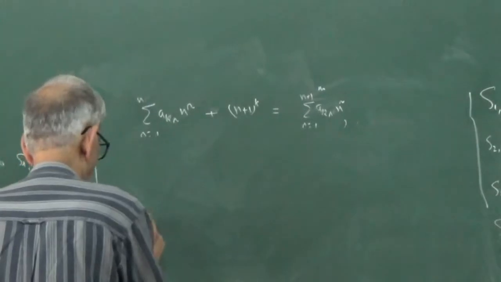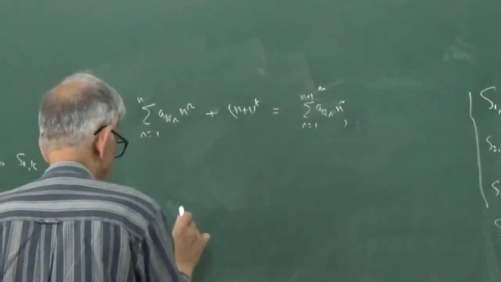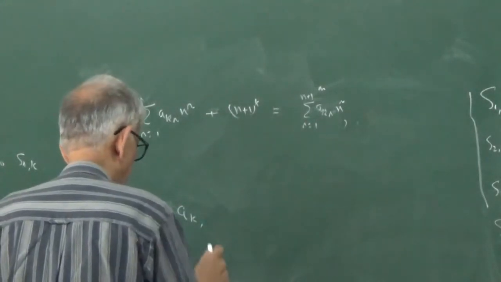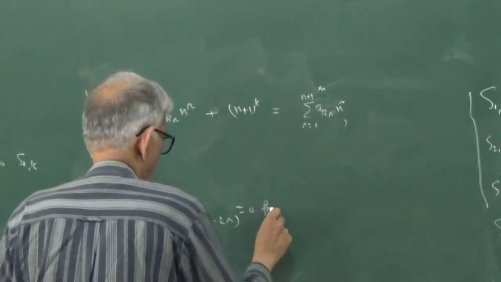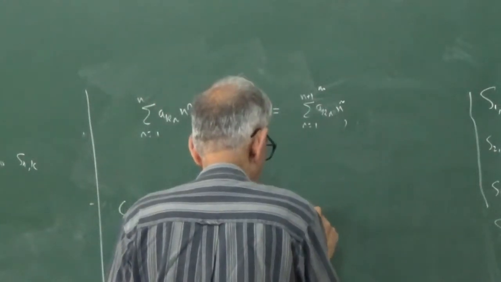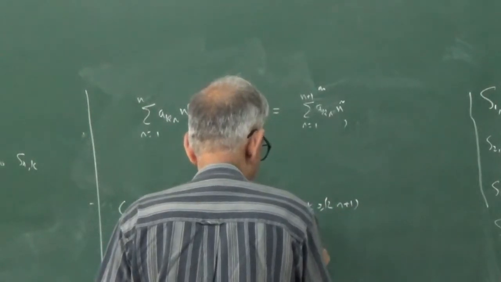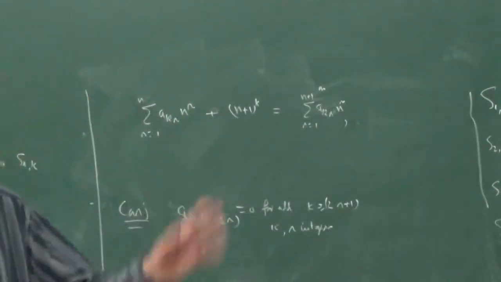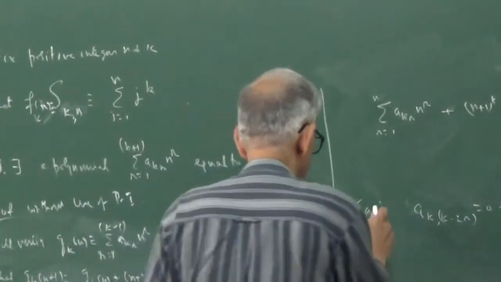The conjecture is that A_{k,k-2r} is 0 for all r, for all k greater than or equal to 2r plus 1, k and r integers. We don't have a proof of that, but we have verified it for a number of cases. So this is an open conjecture.